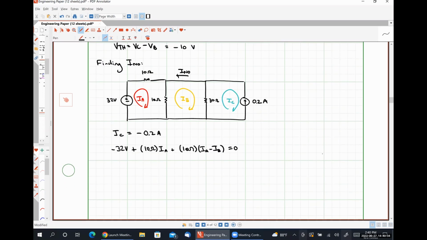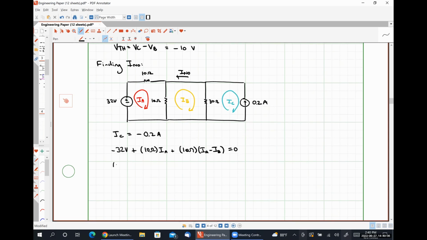For mesh B, we are going to have 10 ohms times IB minus IA plus 30 ohms times IB minus IC is equal to 0. And we will solve these three equations for IA, IB, and IC.